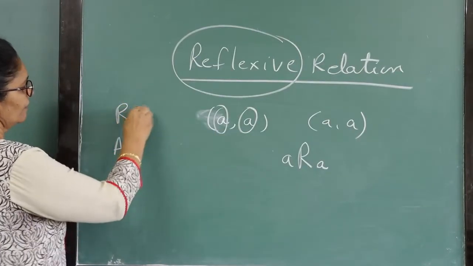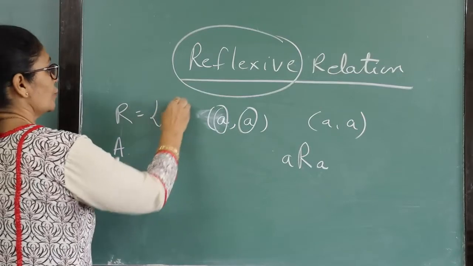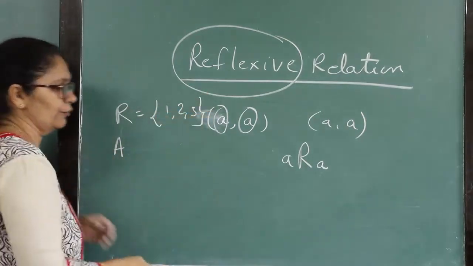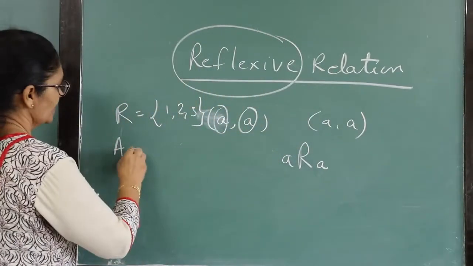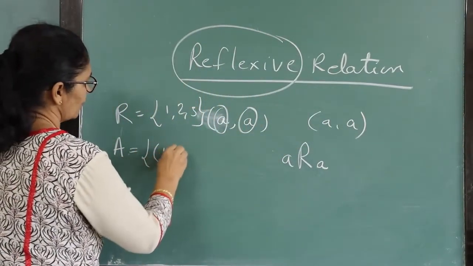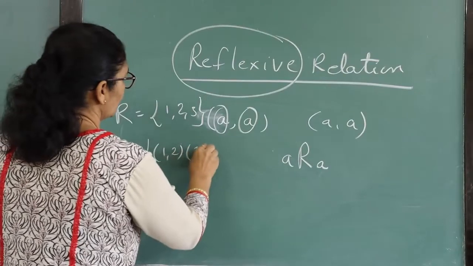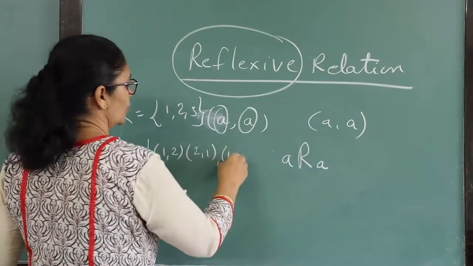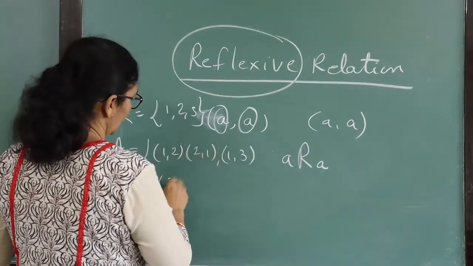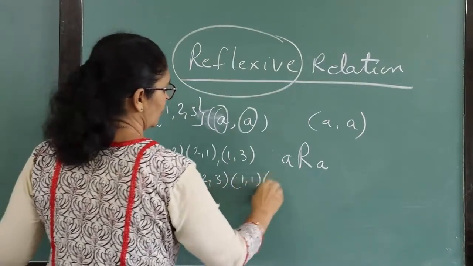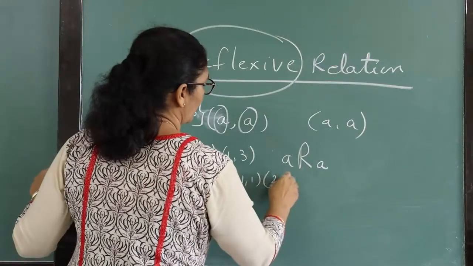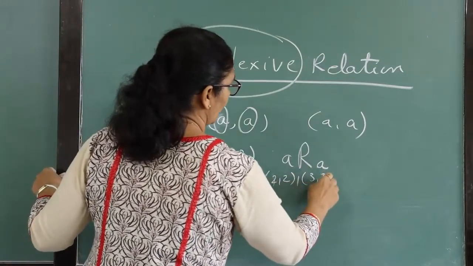Suppose you are given one set A in which you have 3 elements 1, 2, 3. Now the relation is given as (1,2), (2,1), (1,3), (3,1), (2,3), (1,1), (2,2) and (3,3).